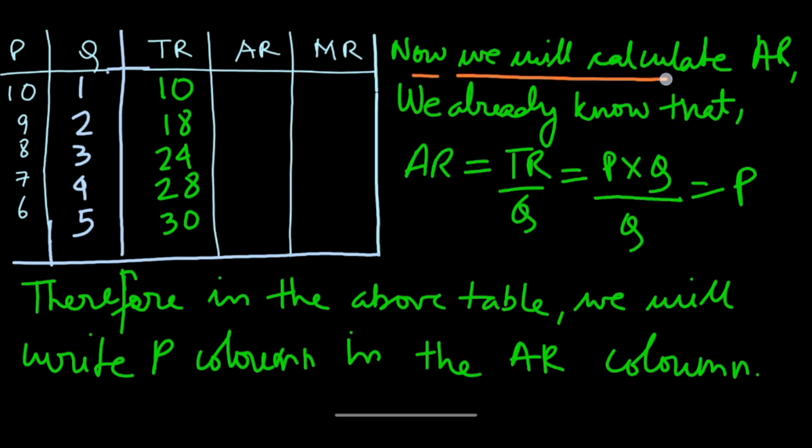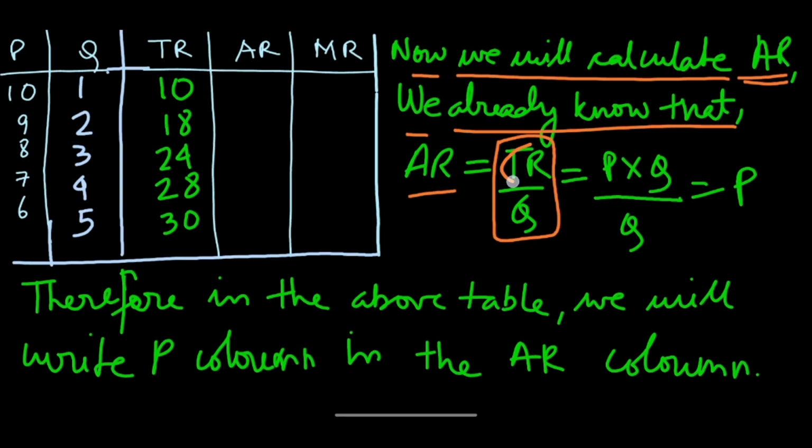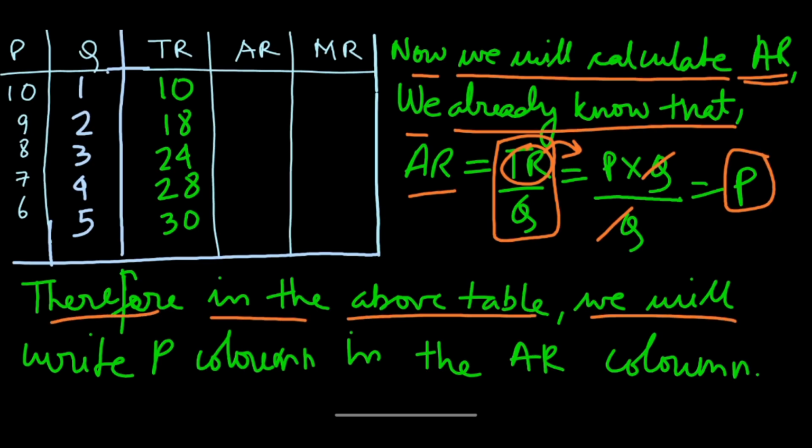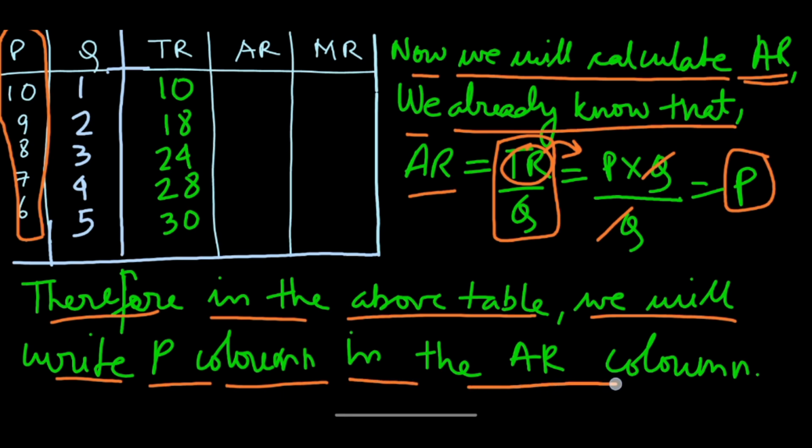Now, we will calculate AR, or average revenue. We already know that AR is equal to total revenue divided by quantity. Now we put the value of TR, which is P times Q, and we cancel out the Q, which gives us P. Therefore, in the above table, we write the P column in the AR column.